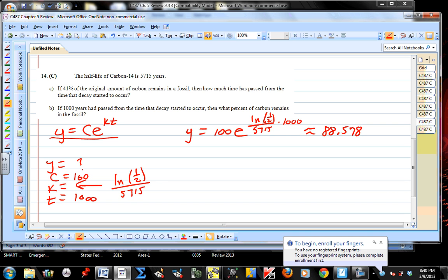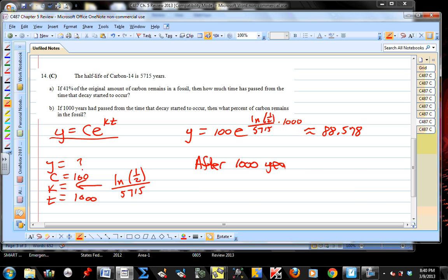So to answer the question, after 1,000 years, about 88.578% of the carbon-14 remains.